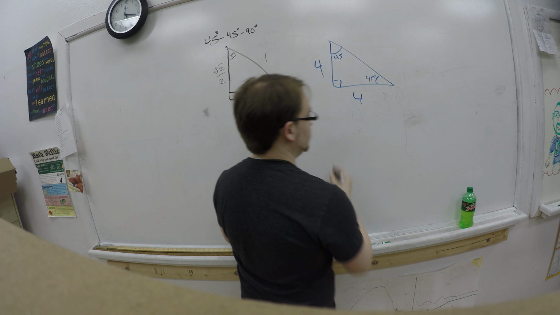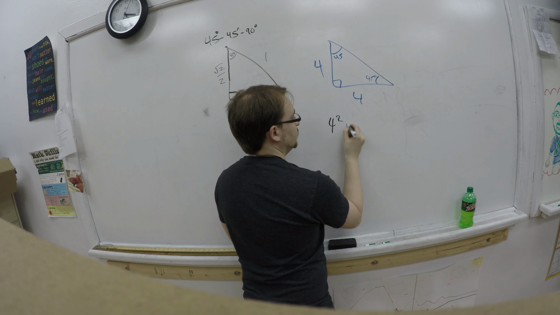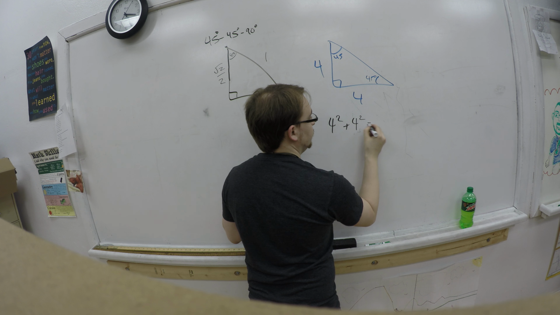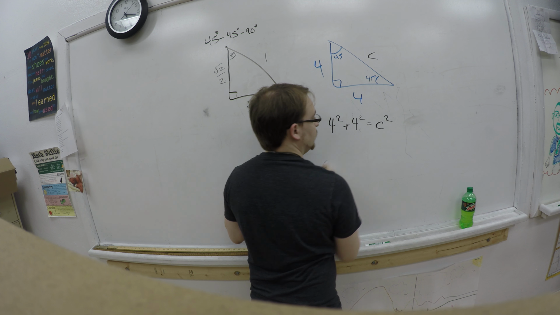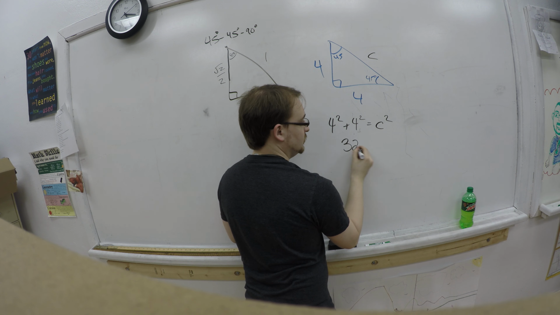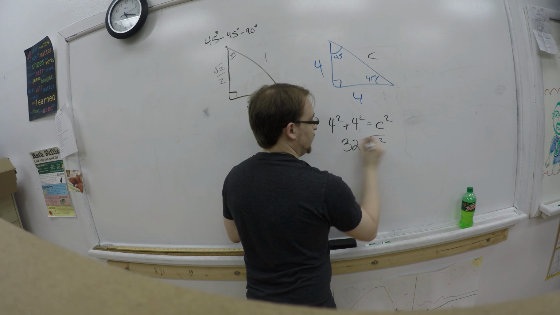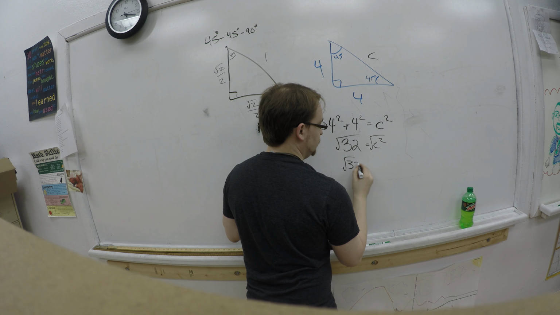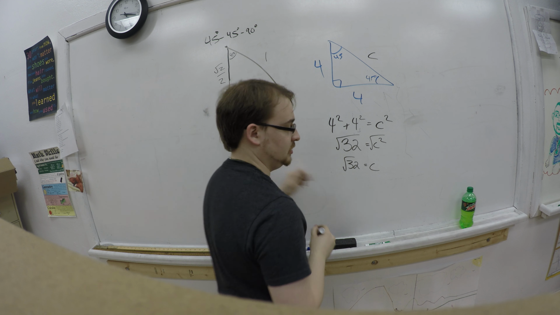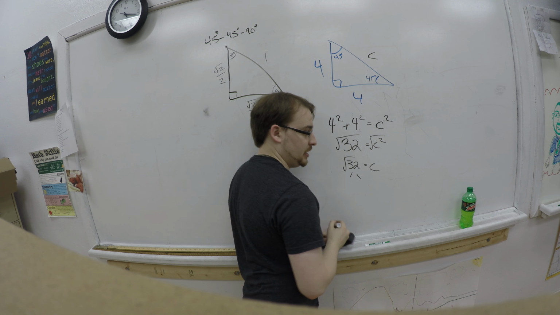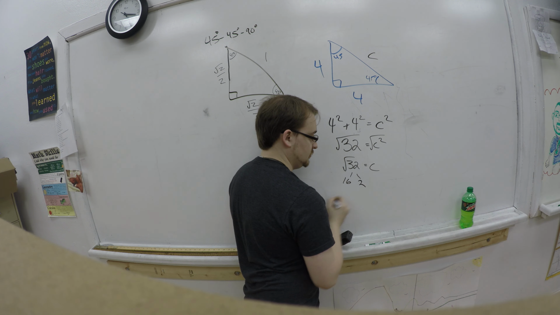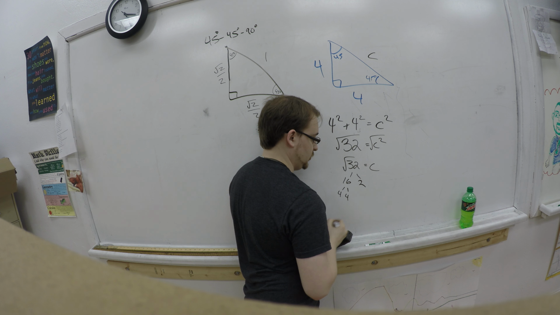We know 2 of our sides. A squared is 4 squared plus b squared, 4 squared equals c squared. 16 plus 16 is 32. Square root of both sides. Square root of 32 equals c. Is this simplest form? Nope. 16 and 2. 4 and 4. 2, 2, 2, 2.